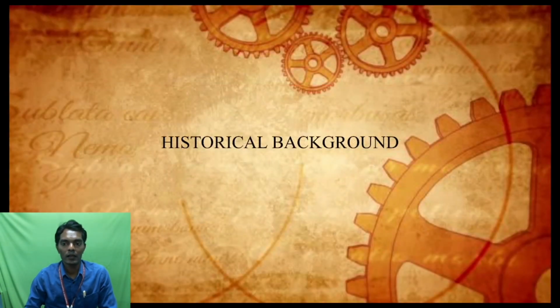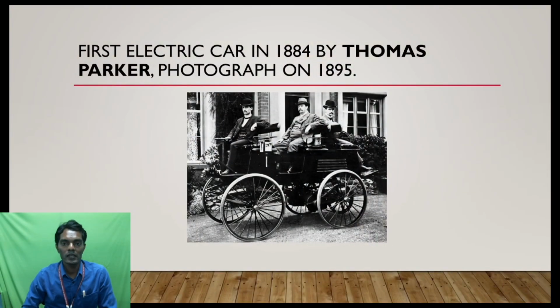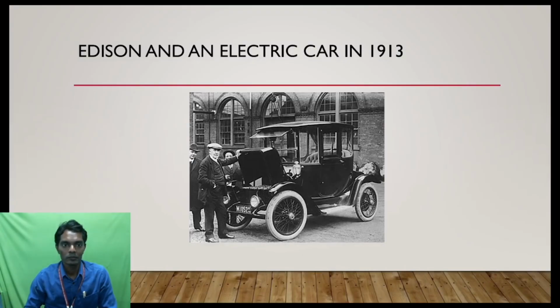What is the historical background? As you see here, firstly in 1884, Thomas Parker developed an electrical car. Even though this was the first electrical car, it was not commercialized until the early 2000s. Edison made an electrical car in 1913.